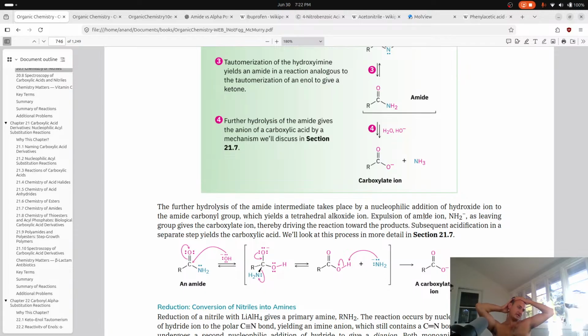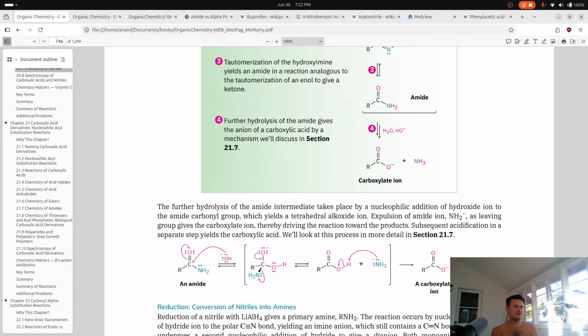In, up, down, out. The further hydrolysis of the amide intermediate takes place by a nucleophilic addition of hydroxide ion to the amide carbonyl group, which yields a tetrahedral alkoxide.